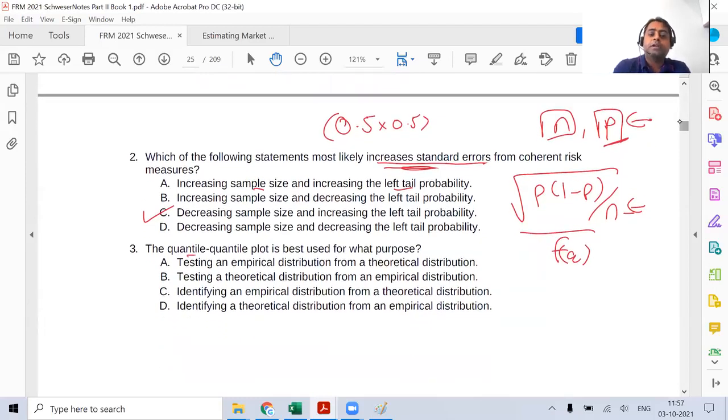Next point, quantile plot is best used for what purpose? What do you think, guys? There were two things, theoretical and empirical. Theoretical distribution is assumed and empirical distribution is actual. What do you think?